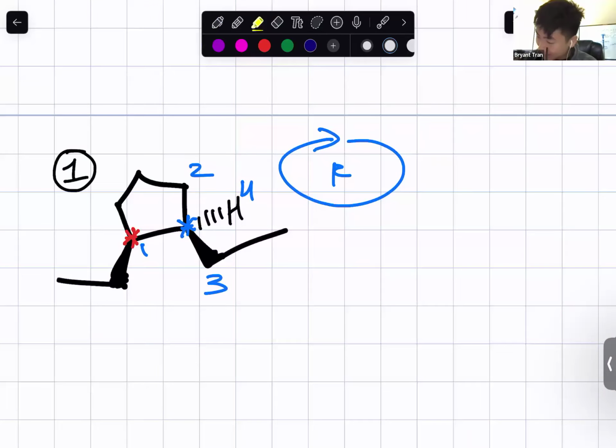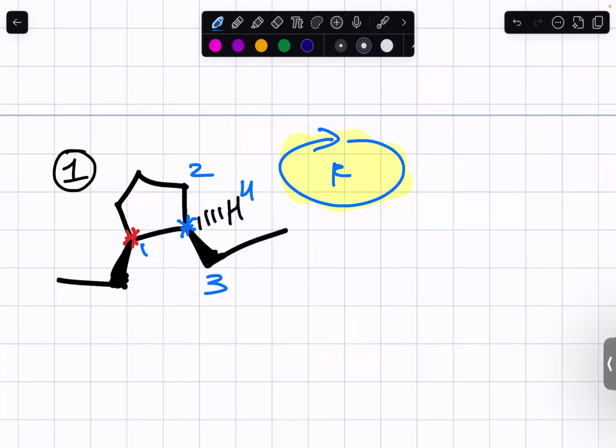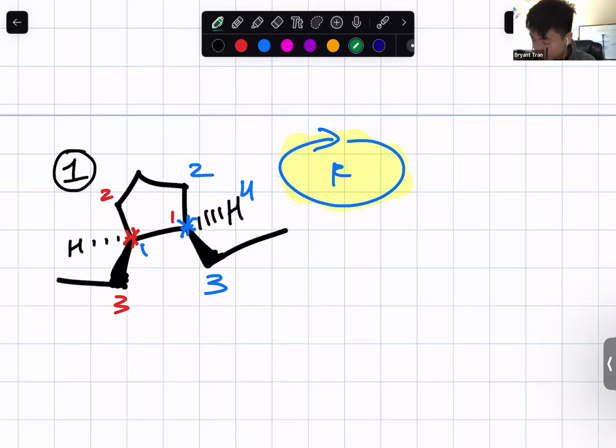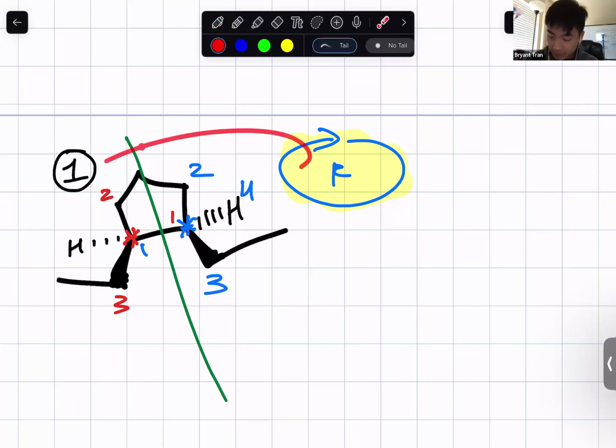Let's try the red one. We can directly do the red one because there is a plane of symmetry. Yes. There is a plane of symmetry in this molecule, which is down this plane. And because of that plane of symmetry right there, and we have two chiral centers, what kind of molecule is this specifically? There is a specific name for this molecule.